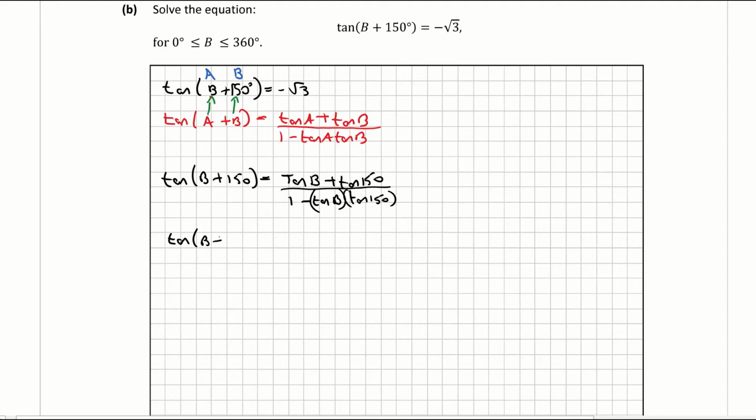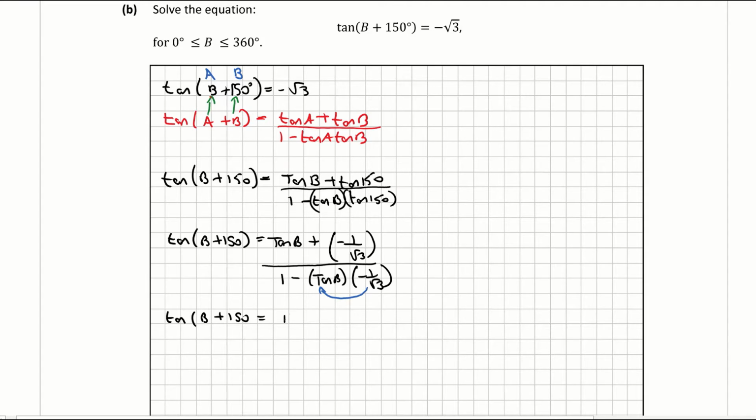So tan of B plus 150 is equal to tan B plus minus 1 over root 3 divided by 1 minus tan B times minus 1 over root 3, which is giving me, so let's just multiply out that bottom part, minus 1 over root 3 by minus tan B. So that'll just turn that to a plus, but let's put each step in individually.